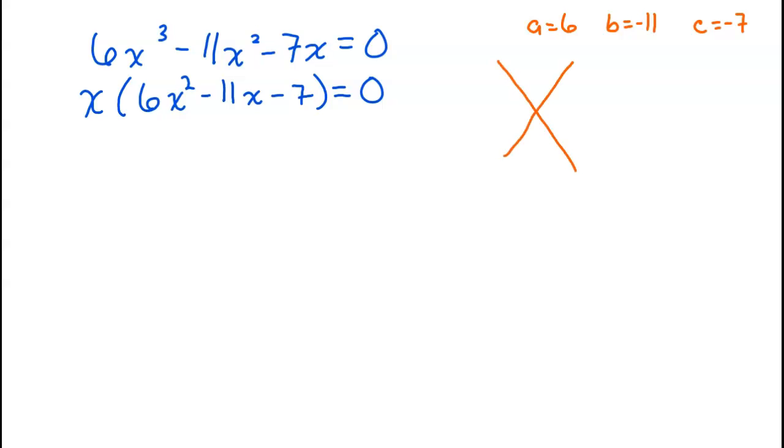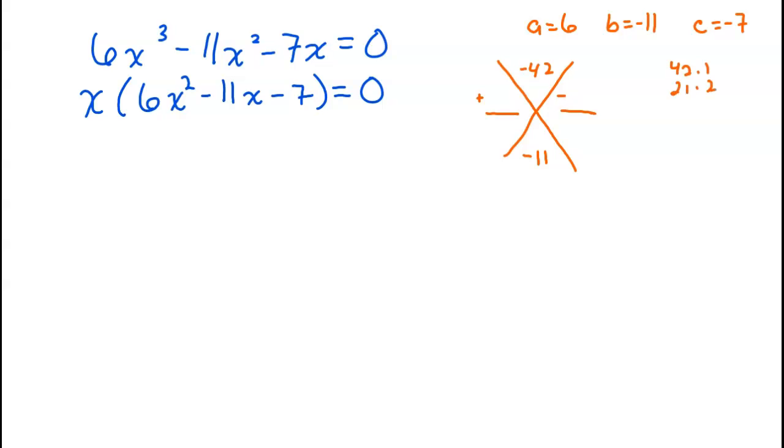So we're going to get A times C, which would give us a negative 42. And we need numbers that will add up to a negative 11. So I need a positive and I need a negative. Let's start with 42 and 1. Well, that's not going to help us any. 21 and 2.